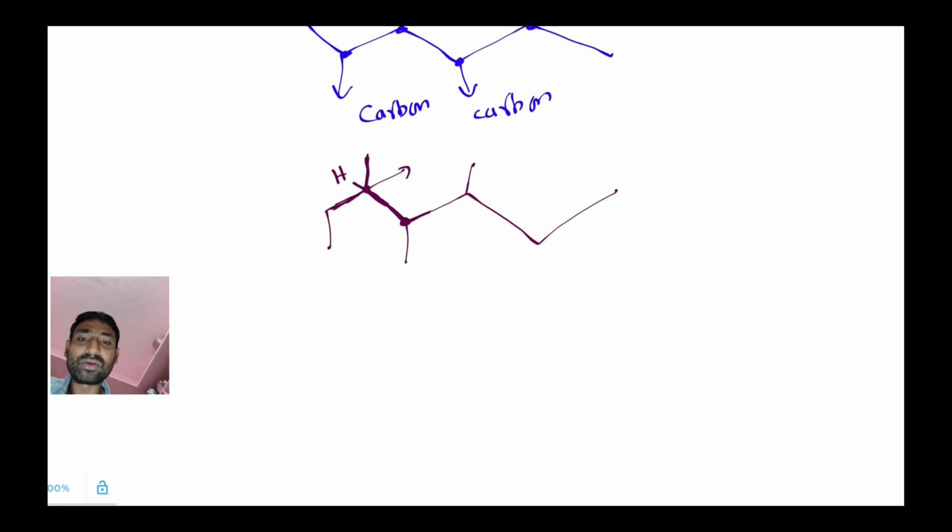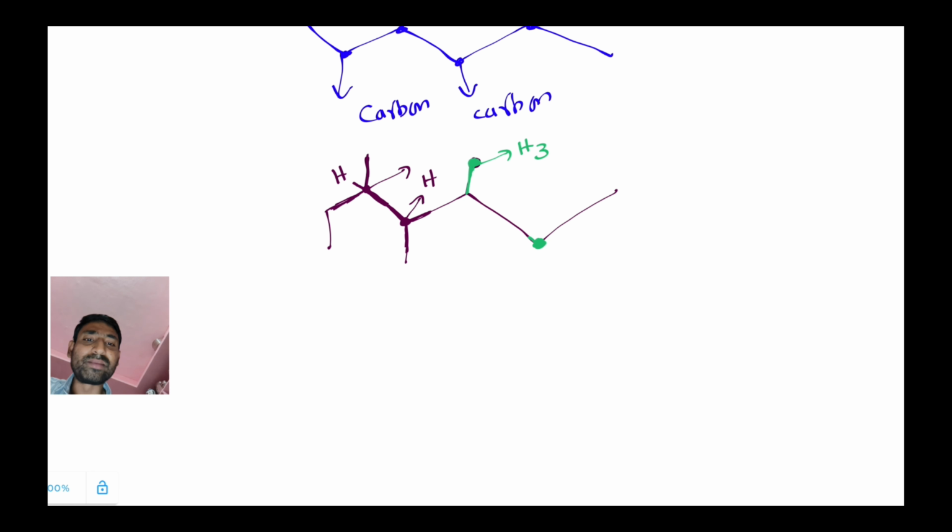If you take this carbon atom, it contains only one bond, so the remaining 3 are hydrogens, which means there is a CH3 group here. If you consider a carbon here bearing 2 bonds, one on this side and one on this side, the remaining 2 must be hydrogens. There is a CH2 group at this point.